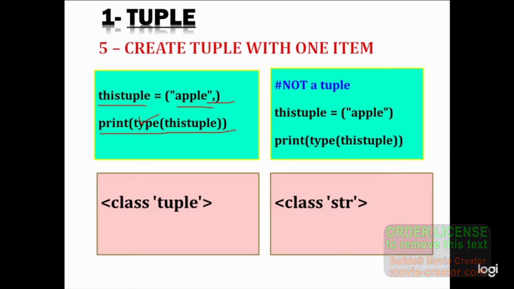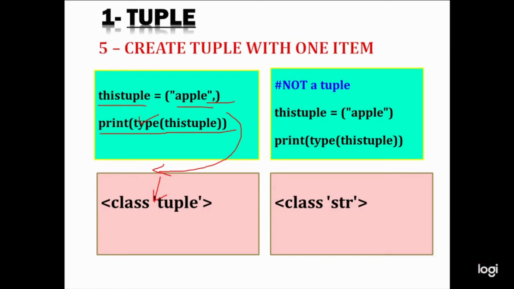Obviously this instruction will give the output of the type of tuple. So here you have inserted the comma after the single element, then it will print the type of data item. You can see the type of data item is given as tuple.